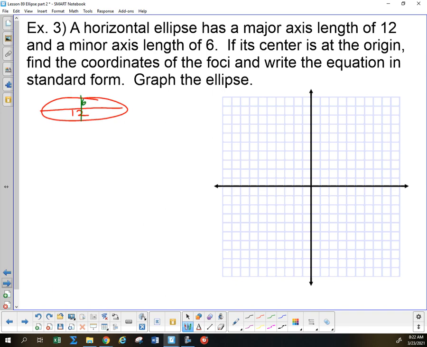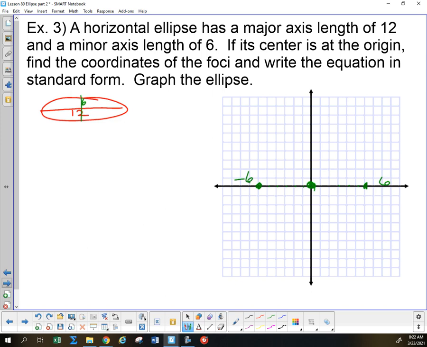Oh, that's helpful. The center's at the origin. Since it is horizontal, that one was the major axis, so I need to go 6 each way. So 1, 2, 3, 4, 5, 6, and 1, 2, 3, 4, 5, 6 takes me to negative 6.